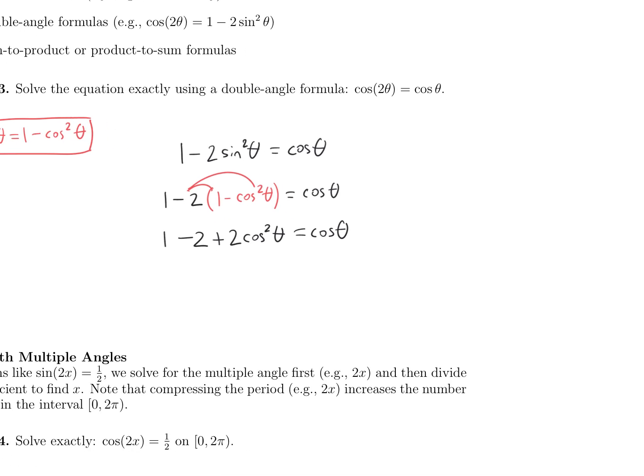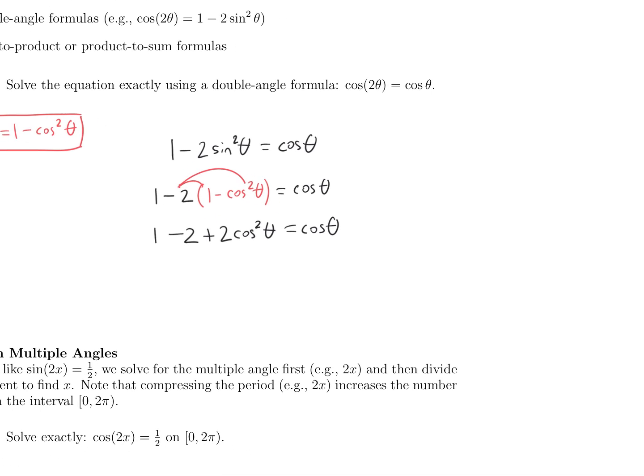All right, combine like terms, and also let's bring over the cosine to the left side, since you always need the equation equal to 0 whenever you have a quadratic equation. 1 take away 2 is -1. So now we have 2 cosine squared theta minus cosine theta minus 1 equals 0.